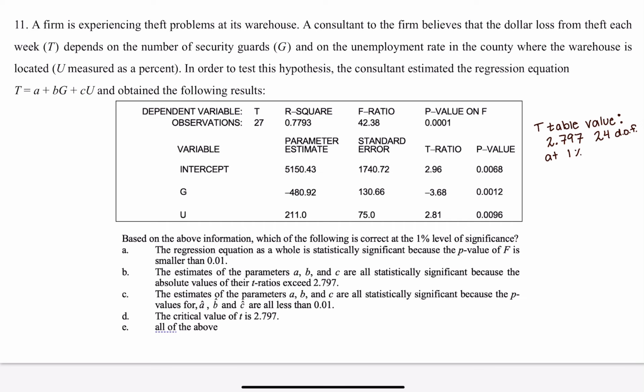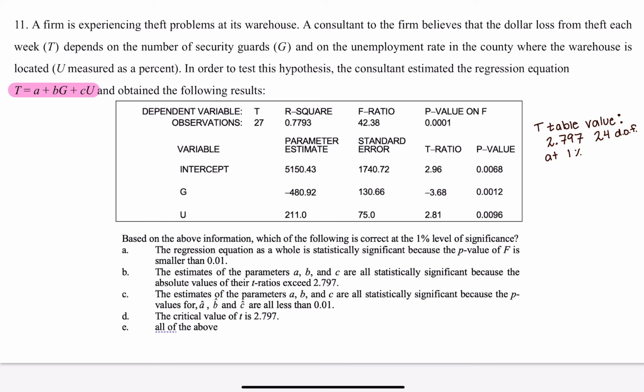Next one says a firm is experiencing theft problems, and this is the equation that it gives us. So we have T equals A plus BG plus CU. And I went ahead and already calculated our T-table statistic just so we could speed it up a little bit.